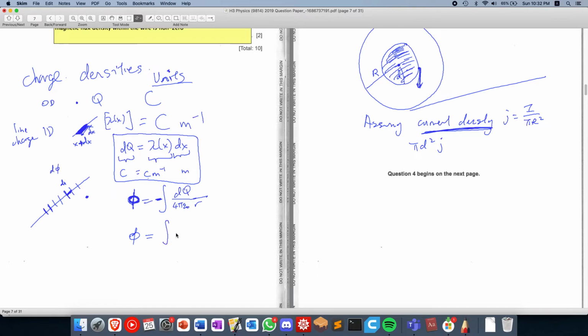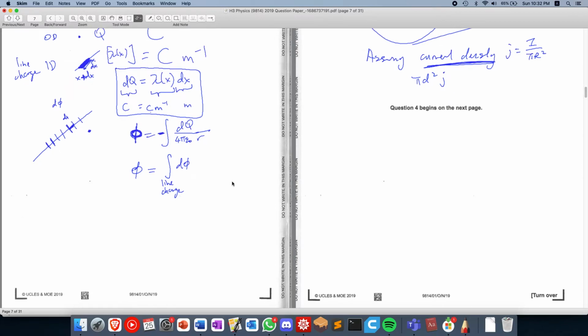So it's going to be the integral of d phi over the entire line charge. And what is d phi? Each d phi is going to be equal to minus dq over 4 pi epsilon naught r, where r is a distance. So r is the distance from this line charge element to the point of concern.